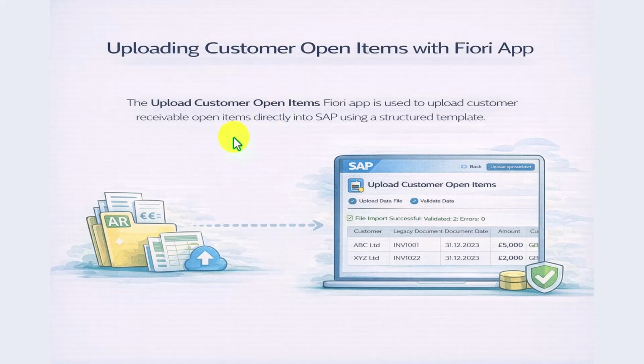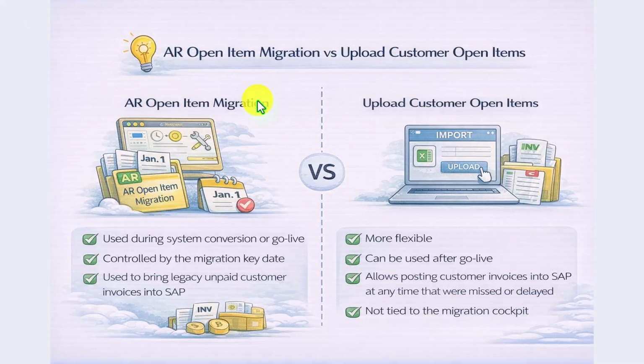Both AR open item migration and upload customer open items can create customer open invoices in SAP. Here is the difference: AR open item migration is used during system conversion or go live. It is controlled by the migration key date, which is 31st of December 2023 in our case. It is used to bring legacy unpaid customer invoices into SAP.